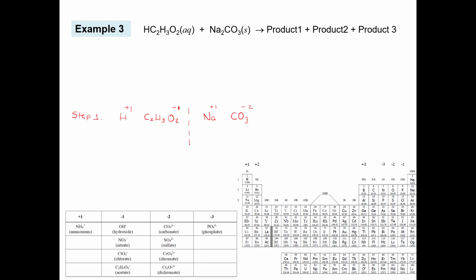Now we need to combine the ions. Then we know the positive ion will be combined with the negative ion, and the negative ion will be combined with the positive ion.